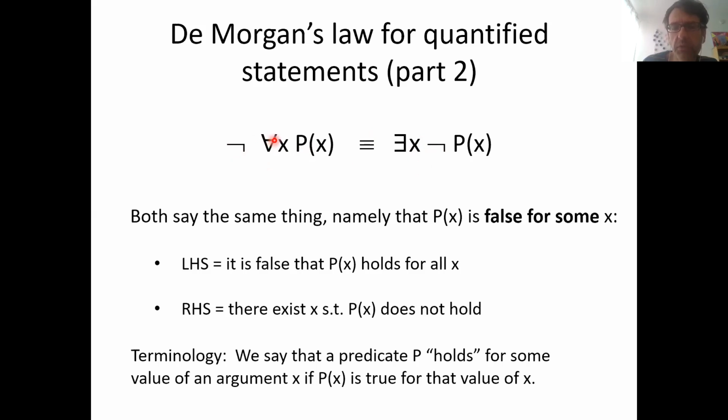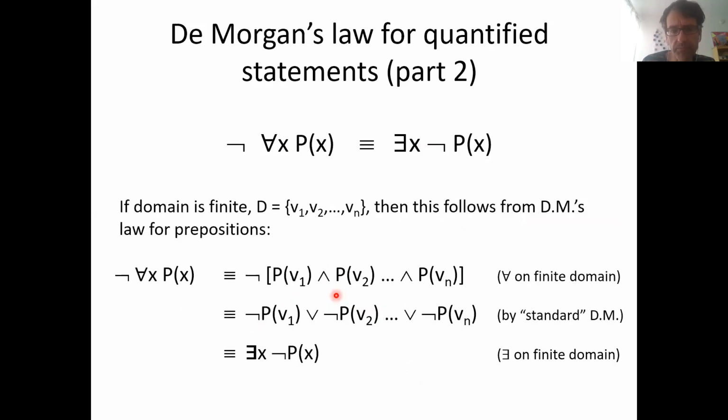Well, that's the same thing as saying that there exists some element on which the predicate is false. The left-hand side says that it is false that P of X holds for all elements, and the right-hand side says there exists an element which violates this predicate. It's clear that these are equivalent statements.